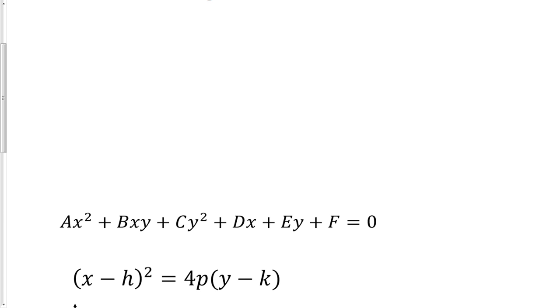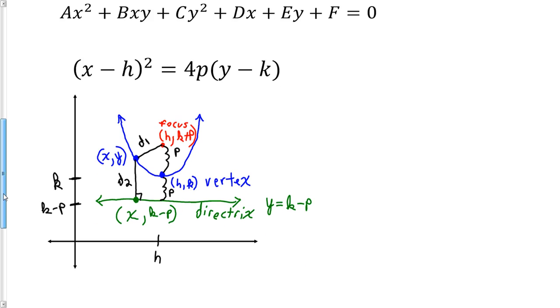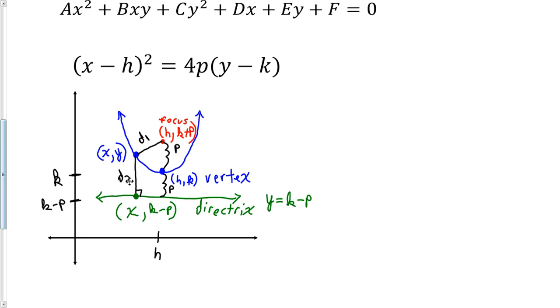And if you saw the previous video, where I derived the formula, you saw that if you know h and k, then you can identify the vertex. The vertex is (h, k).